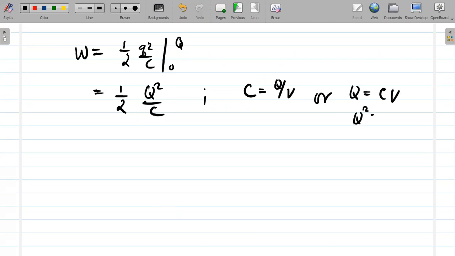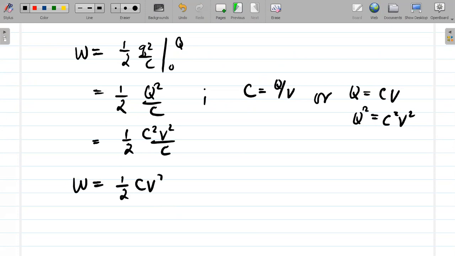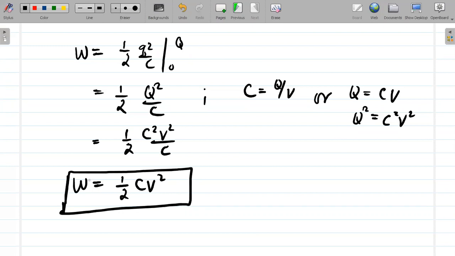Therefore, Q squared equals C squared V squared. Now, this is 1/2 C squared V squared over C, the work or the energy. This is given by 1/2 CV squared. This looks familiar, right? 1/2 CV squared, the energy of your capacitor.